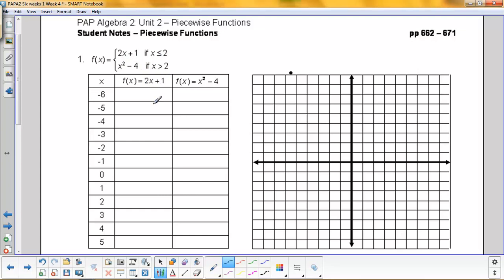So we will use the table to organize these values, and you'll be able to see where you switch from one set of values to the second set of values based on this particular problem right here. By substituting the values of x into this equation, we'll get these corresponding y values.